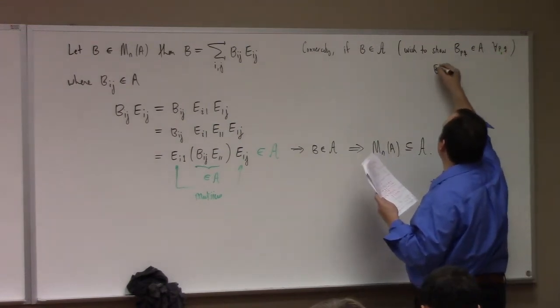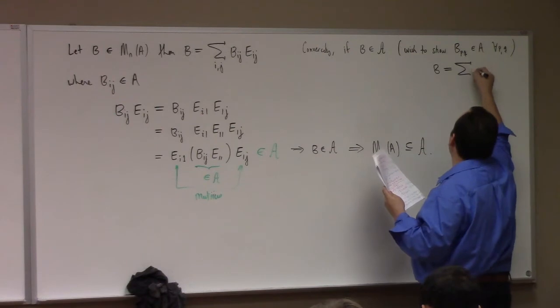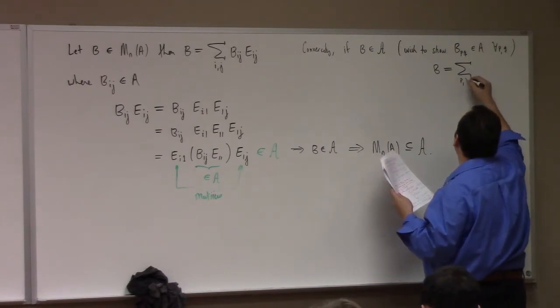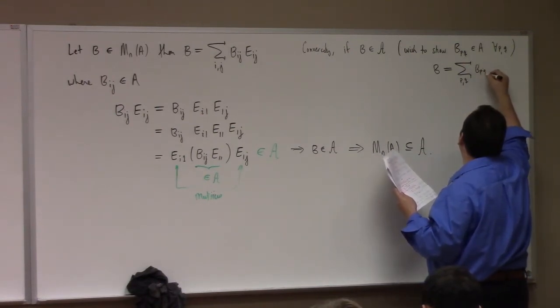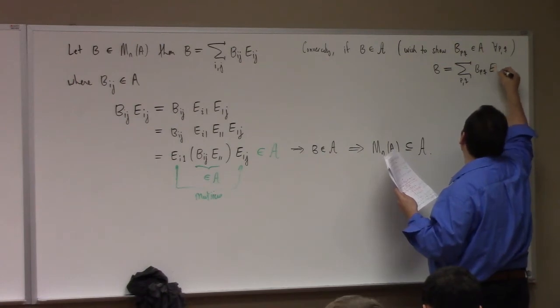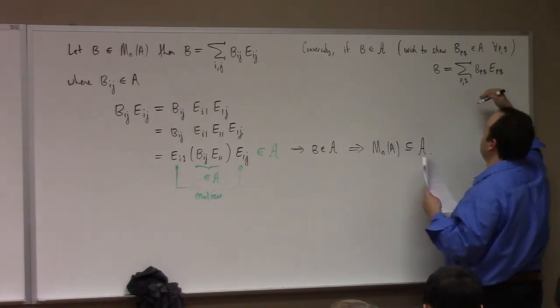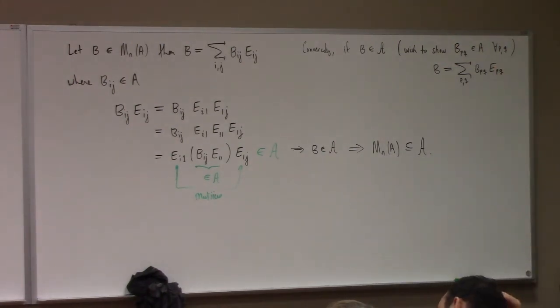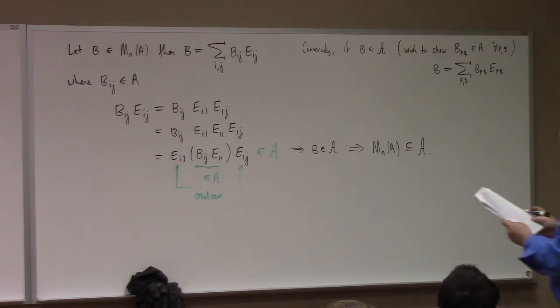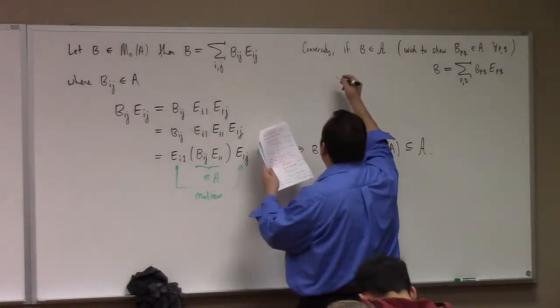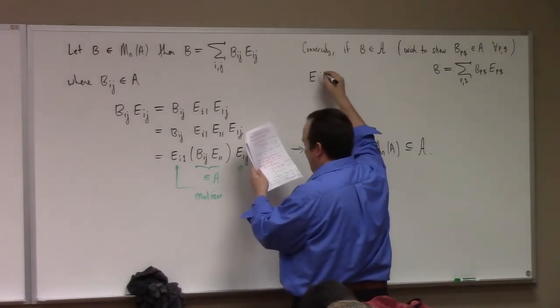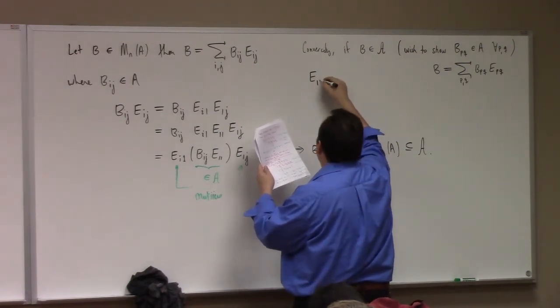So we'll write B is equal to the sum over P and Q of b_PQ E_PQ. So to show that B is a matrix over A, it suffices to show that an arbitrary coefficient of the matrix is in A, right? And here's the thing that I was upset with myself for not recognizing. He's got it worked out, but I'm just going to get straight to the point here.